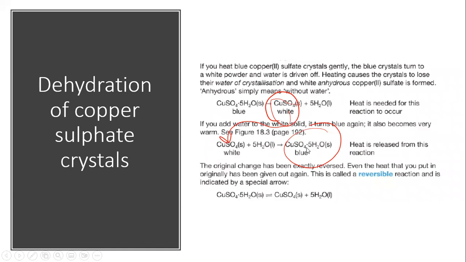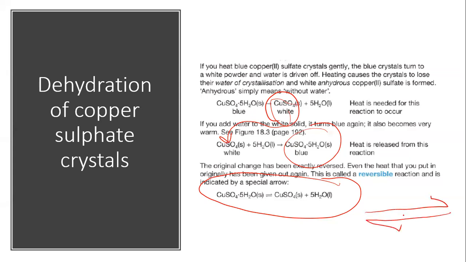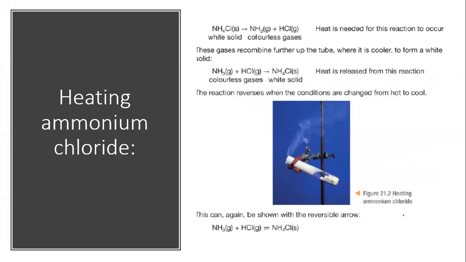So this sort of a reaction is going to be known as a reversible reaction, that you can combine the reactant to give you products, or you can combine the products to give the reactant. Yes, exactly. Good job. And so this is known as a reversible reaction. And in a reversible reaction, we use this arrow. So this arrow means that it is going to be a reversible reaction.